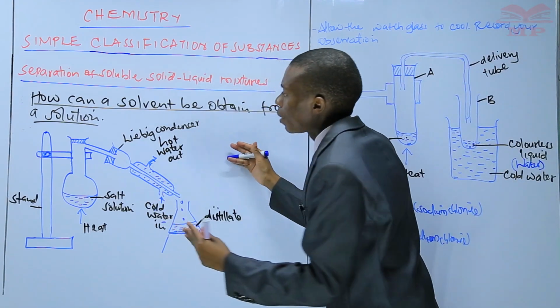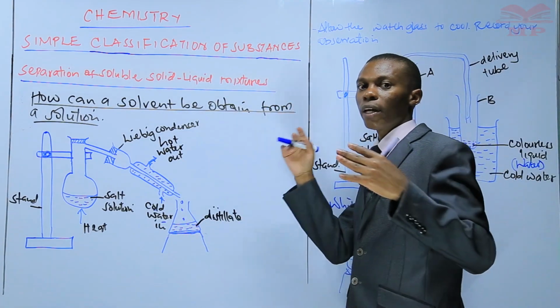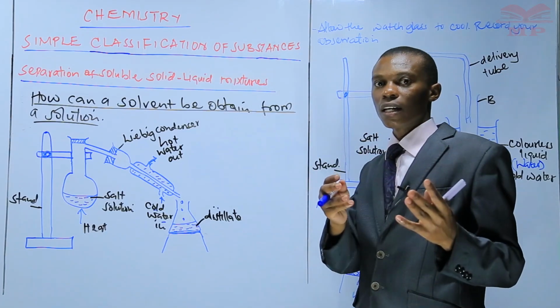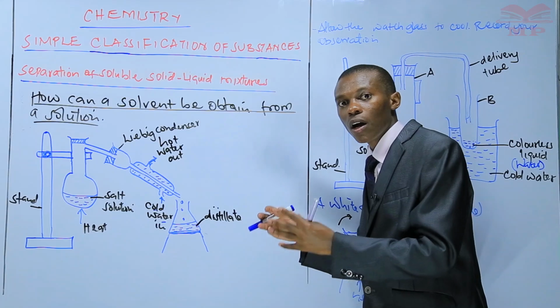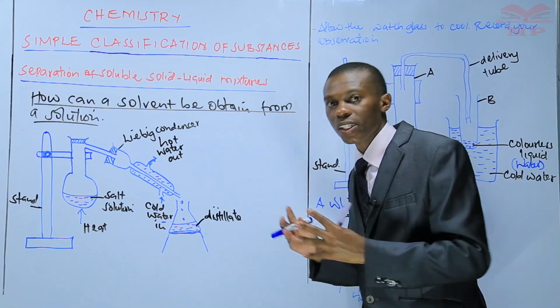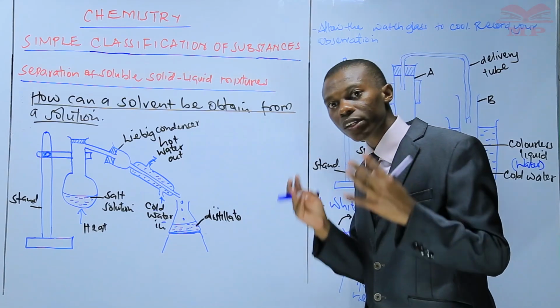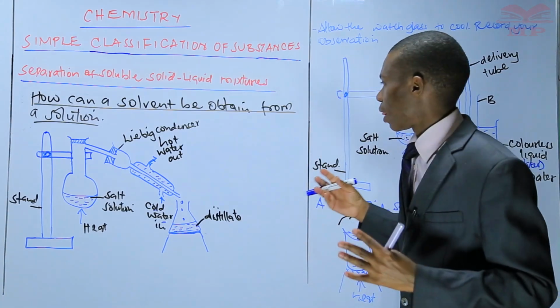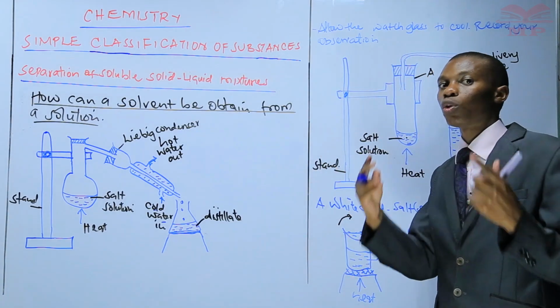Therefore, the function of the Liebig condenser here is to make the separation of the solvent from the solution more efficient. It becomes more efficient when you use a Liebig condenser than when you don't use it.